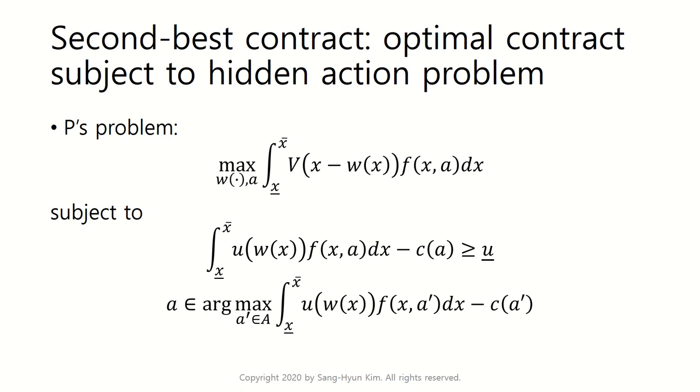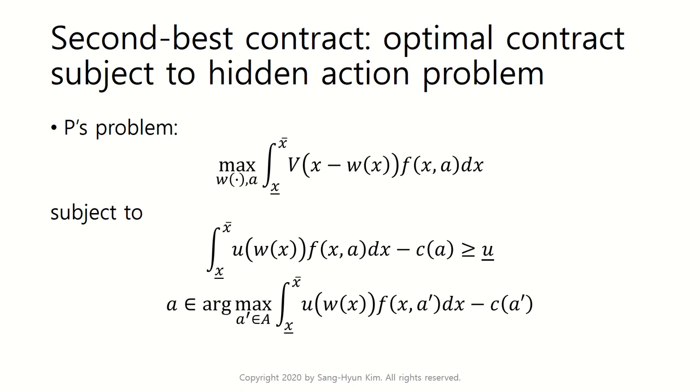So it says that A must be an element of a set. So on the left hand side, argmax is a set. So what that means is there may be multiple effort levels which maximize the agent's utility. Okay, so there may be multiple solutions.